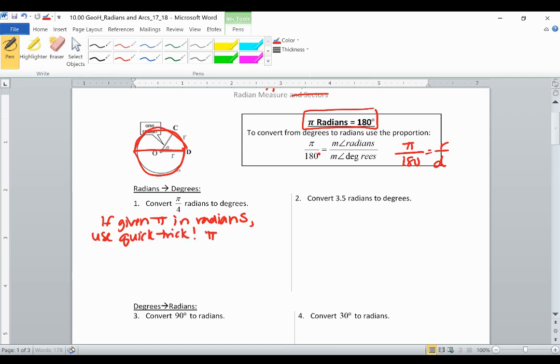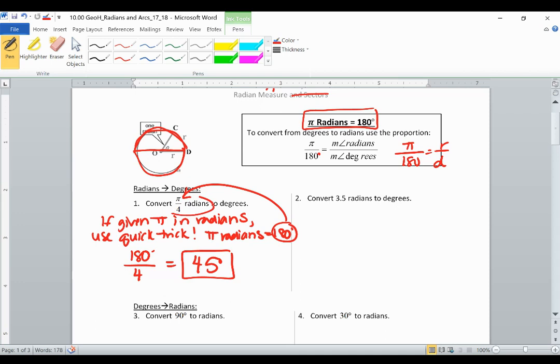We know pi radians equals 180 degrees, so I'm going to take 180 and sub it in for pi. So 180 degrees divided by 4 gives me 45 degrees. So pi over 4 radians is equal to 45 degrees. That's 180 divided by 4. And a lot of this stuff you'll actually end up memorizing next year as well when you talk about that unit circle.